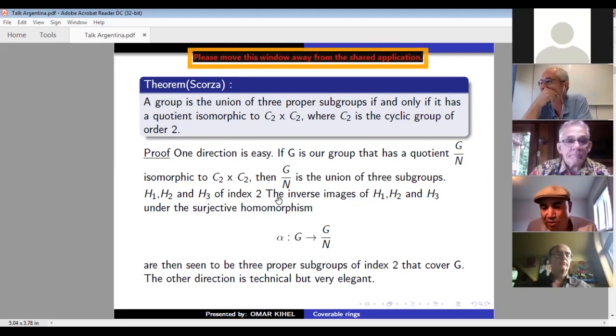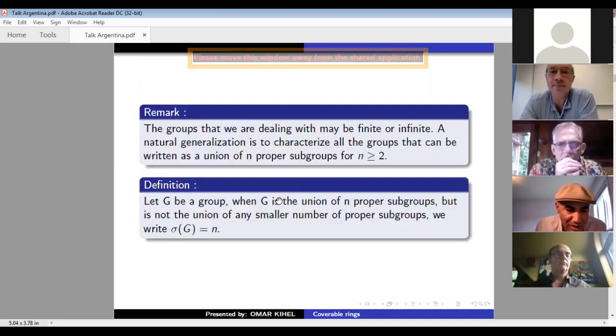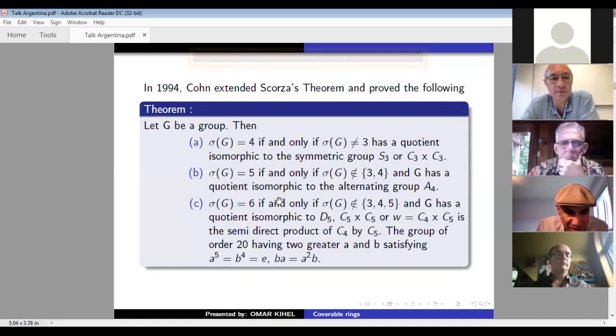So people said, maybe we can generalize the idea to other n. Is it possible to write a group as a union of n proper subgroups? What are the conditions? This Scorza theorem was from 1916, and until that time we had the result of Kahn.